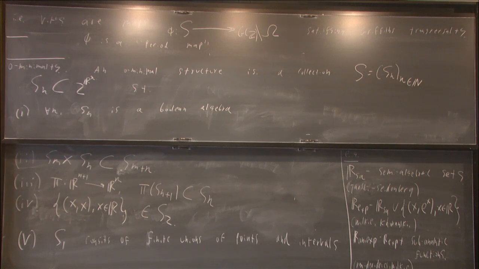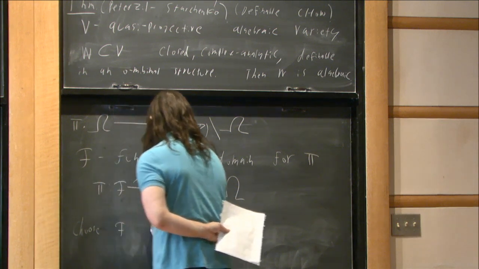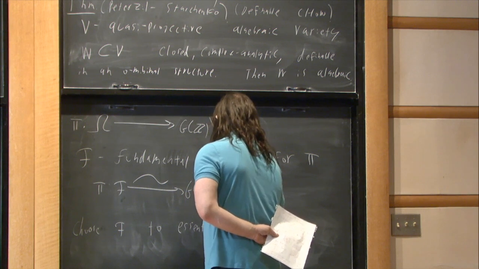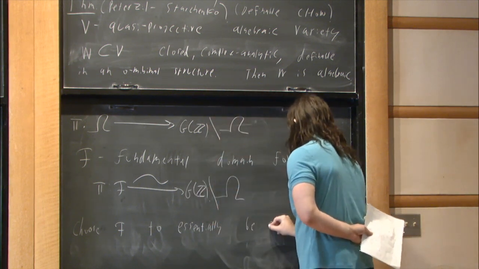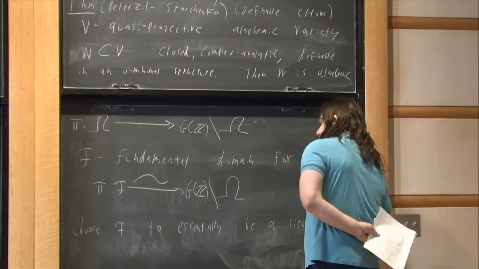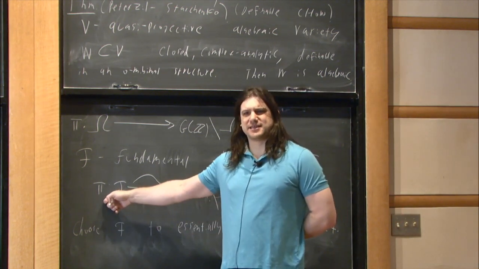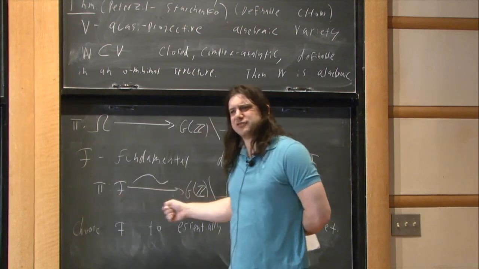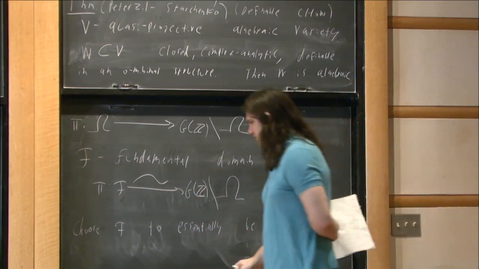All right, so let me state the theorem now. So we choose F to essentially be a Siegel set. Which you can think about in a few different ways. You can actually take a Siegel set and cut things out of it. Or if you take a Siegel set, this is finite to 1, and that's sort of good enough to put a definable structure here. You can do it in a few different ways.